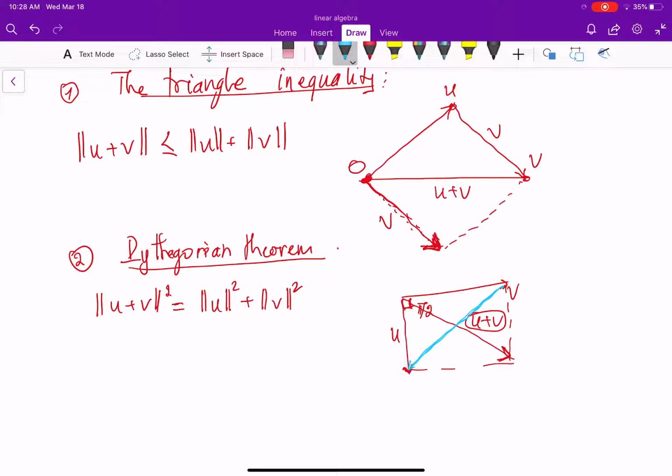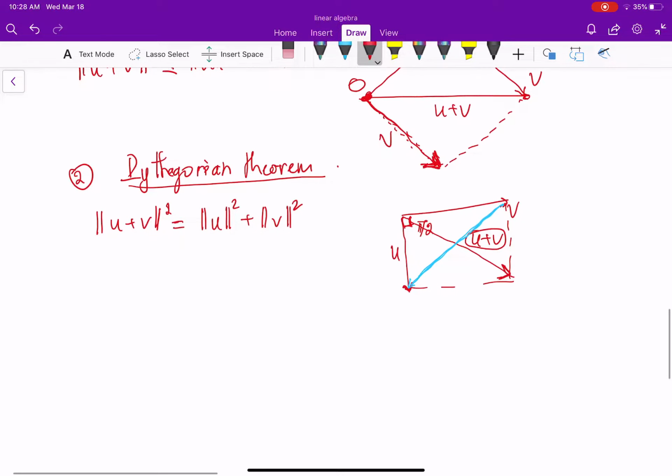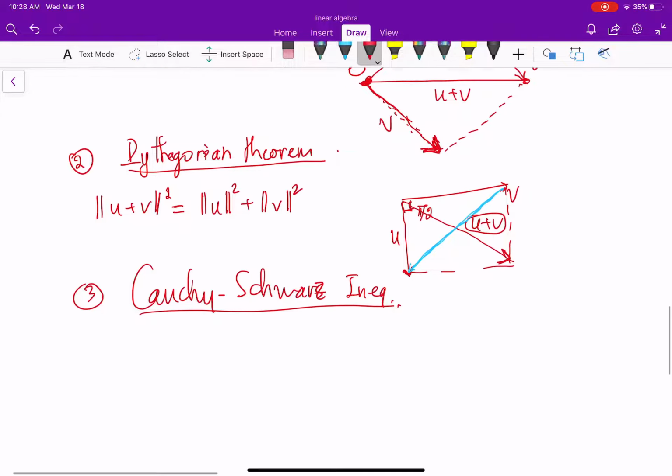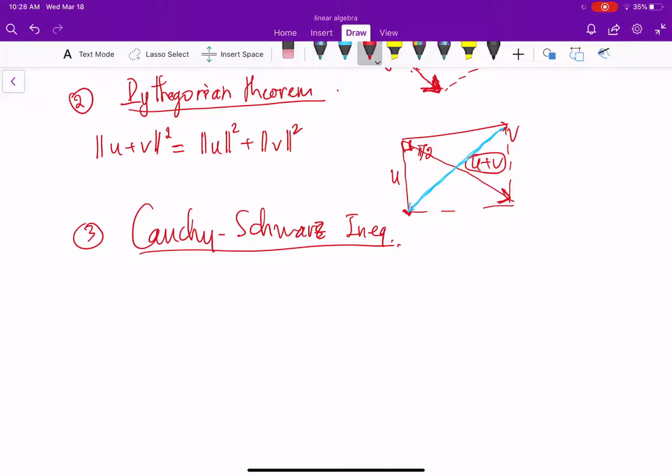One more important inequality is called the Cauchy-Schwarz inequality. This comes from the formula of cosine. It says the absolute value of the dot product between two vectors is less than or equal to the norm of u times the norm of v. This is also obvious. Why?